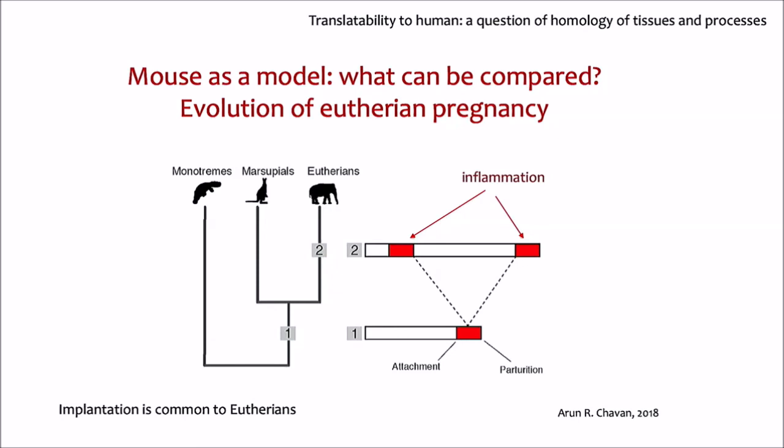At least in the basal lineages, we have a very short attachment, and in the next moment that causes inflammation, and in the next moment the fetus is expelled. And what happened then on the way to eutherians is that implantation happens, and one long pregnancy, longer or shorter, whatever, is inserted here, and we have again implantation at the very end that is associated with labor and expelling, the parturition. Okay.